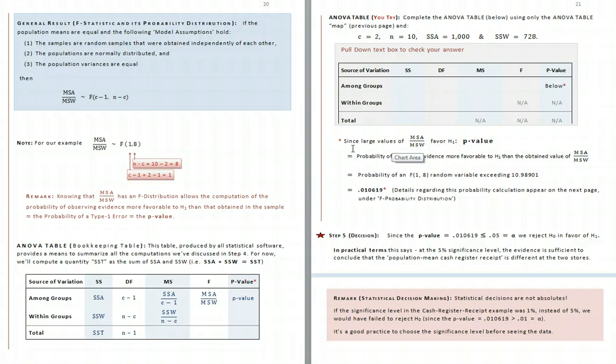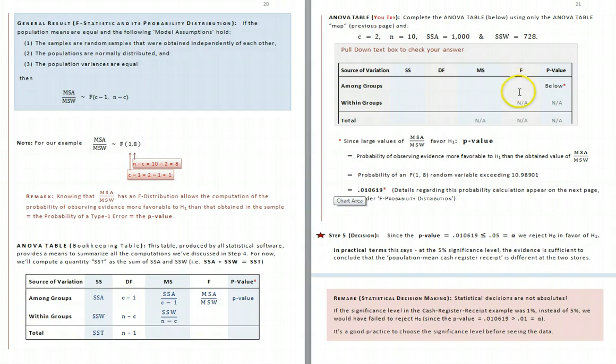Since large values of MSA over MSW favor H1, the p-value can be computed as the probability of observing evidence more favorable to H1 than the obtained value of MSA over MSW, which would be up here. Said another way, the p-value is the probability of an F(1,8) random variable exceeding 10.98901, which is the value of the F statistic that you've written up here.